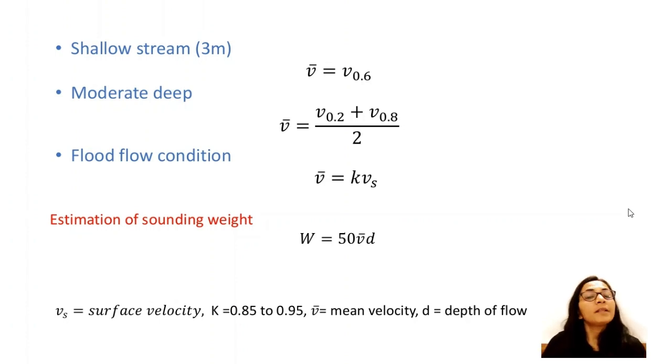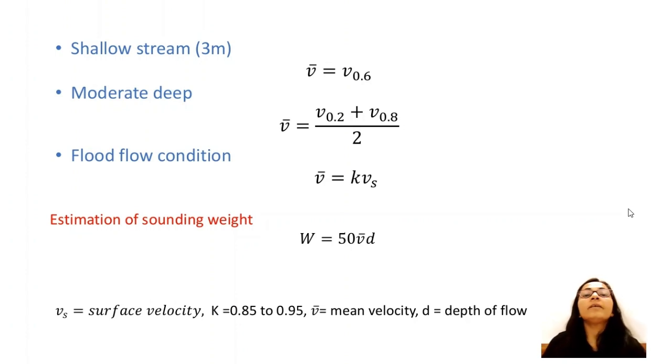So suppose the depth of the stream is 5 meters, one measurement will be made at 1 meter and another measurement will be made at 4 meters of depth, and the average of these two will be considered as the mean velocity or the average velocity of flow in that stream.